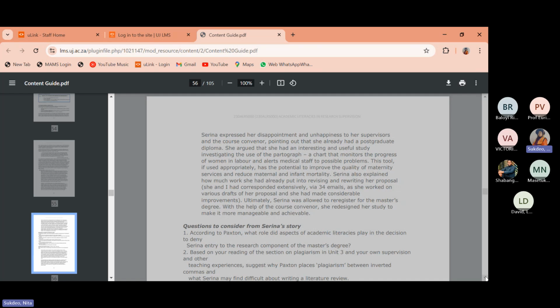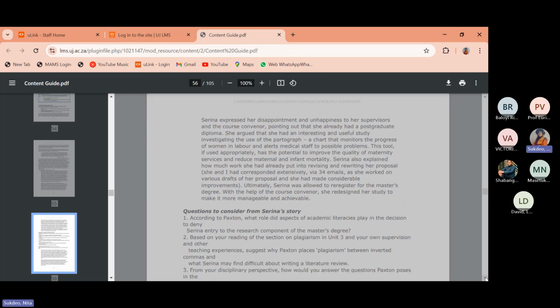So again, it's something that is hands-on, that she can add something new to the body of knowledge that already exists by just her experience and hands-on knowledge. This tool, if used appropriately, has the potential to improve the quality of maternity services and reduce maternal and infant mortality. Serena also explained how much work she had already put into revising and rewriting her proposal.